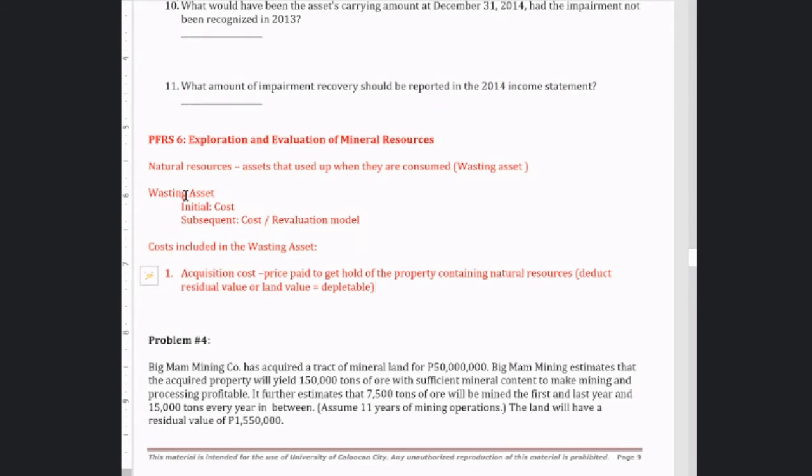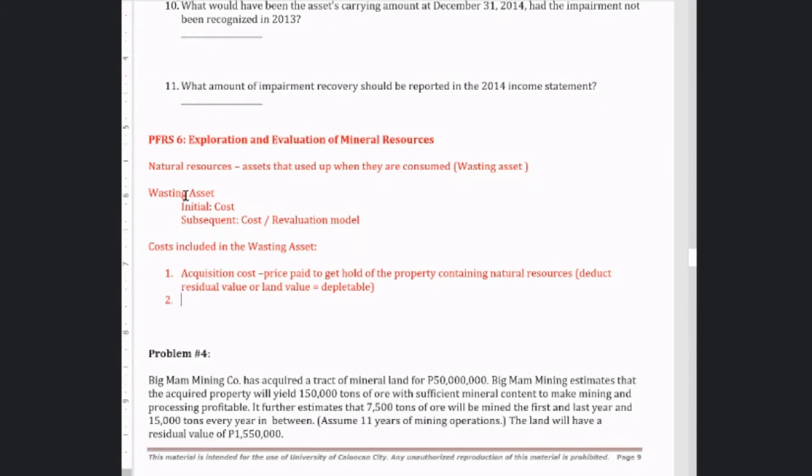Kumbaga, di ba sa PPE natin ang ginagamit is depreciation, dito depletion. Technically, almost the same concept with depreciation, pero dito, ang ginagamit is output method, kung ilan quantity na yung na-produce or namimina.